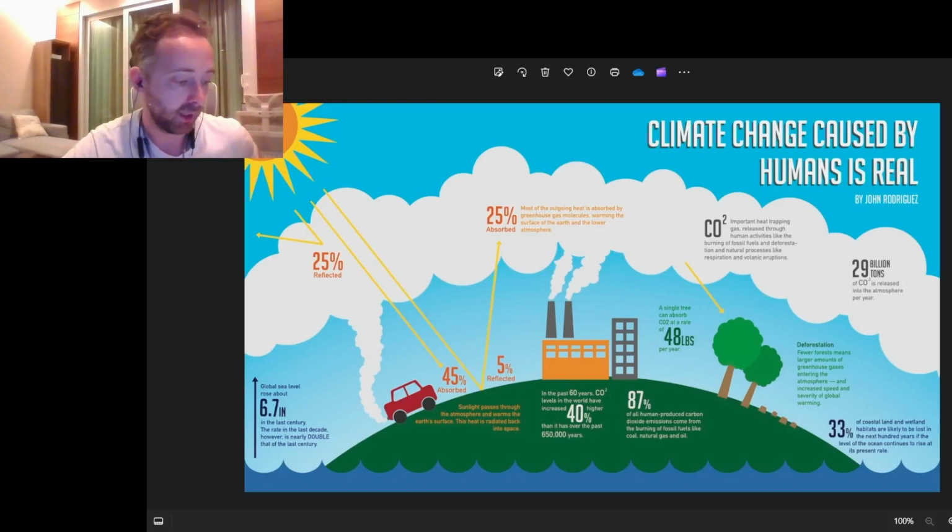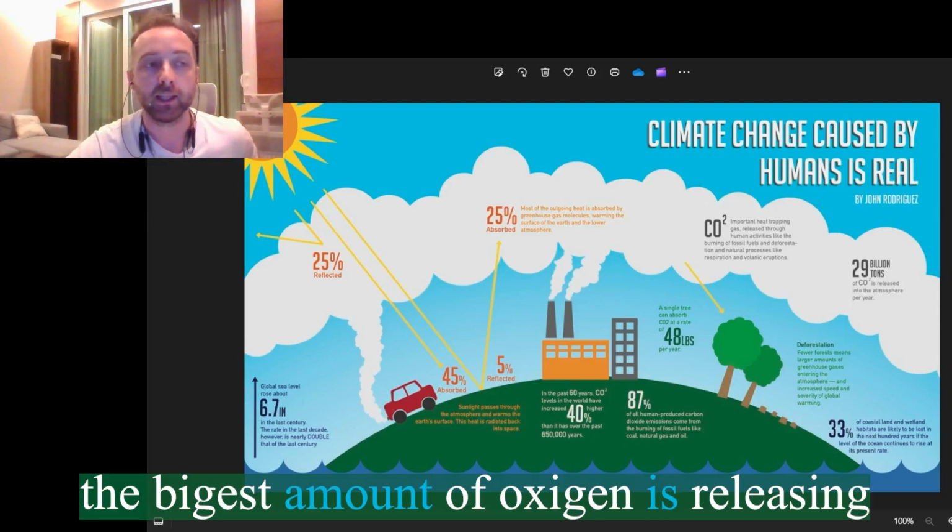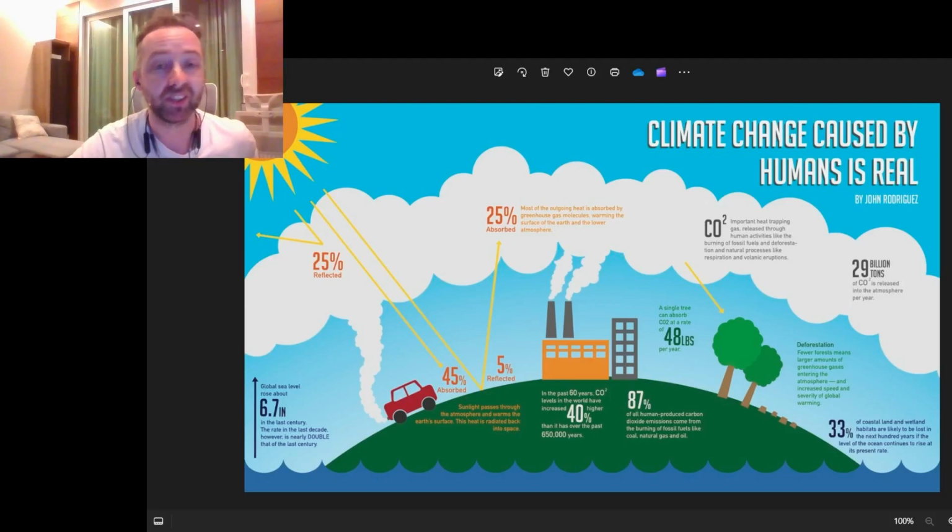And let me explain why. It is worth mentioning that the biggest amount of oxygen released into the atmosphere, which decreases the amount of carbon dioxide in the atmosphere, comes from the activity of green creatures, green plants in the ocean, and they produce much more oxygen than plants and forests on the surface of Earth.